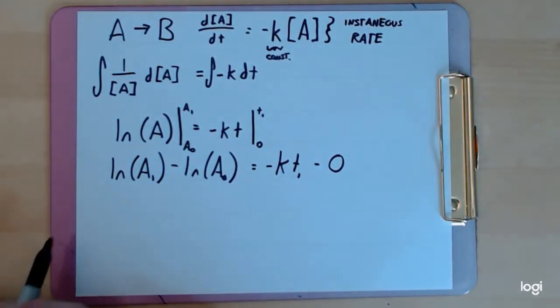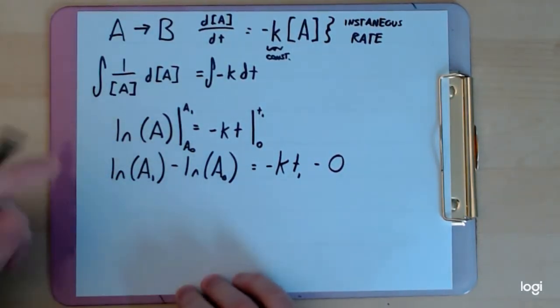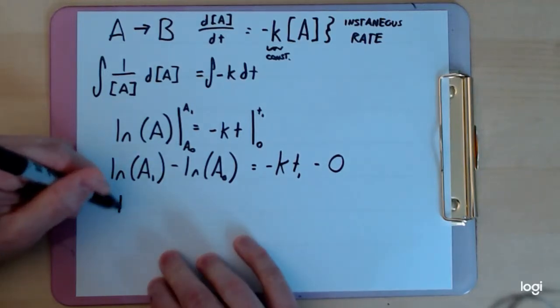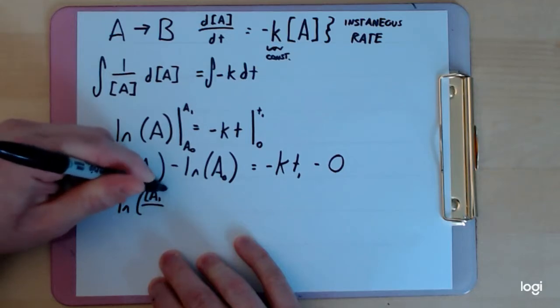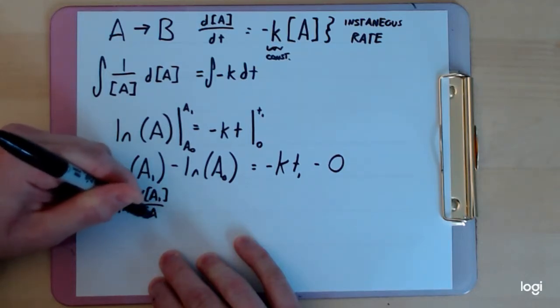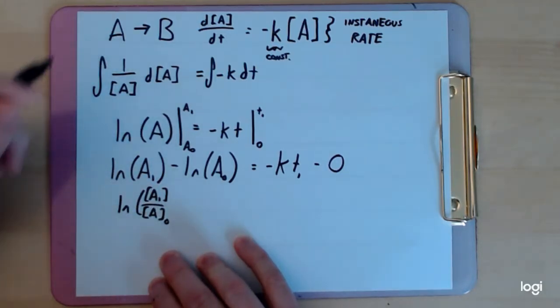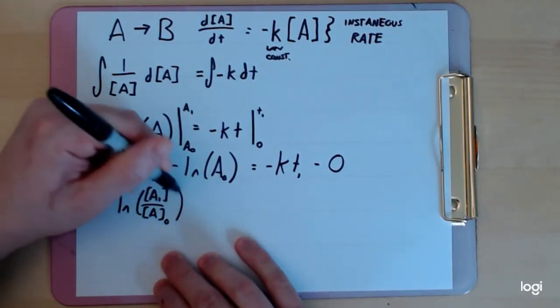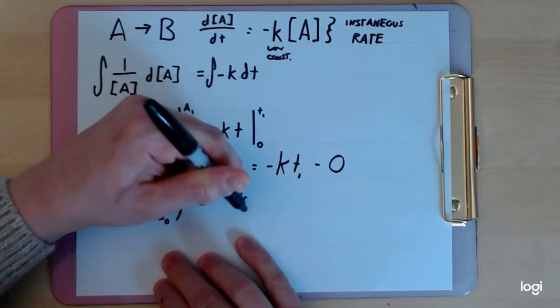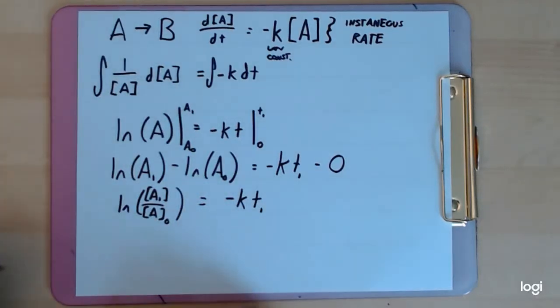By the property of logarithms, this is log of A1 over A0, I should have brackets around these technically, equals negative kt1.